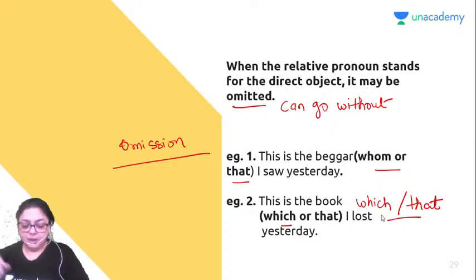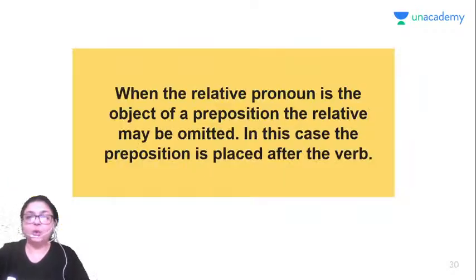So this is the clause with which I am going to add. This is the book which I lost yesterday. This is the book that I lost yesterday. Now, what are we going to move to? When the relative pronoun is the object of a preposition, the relative may be omitted. As I said in the earlier one, if it is with a preposition, it may be omitted.